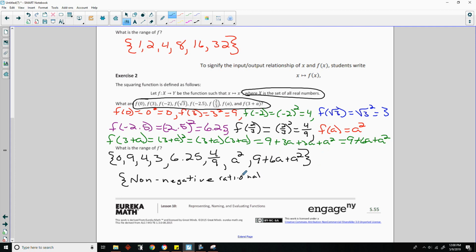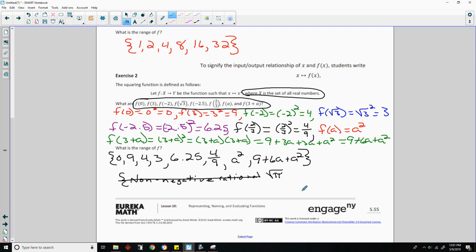And now that I'm thinking about this, are we always going to get rational numbers? Okay, so I would not agree with this. And whenever you're doing something, think about what your answer is and if there is anything that would make that not true. So I thought of this while I was saying rational.